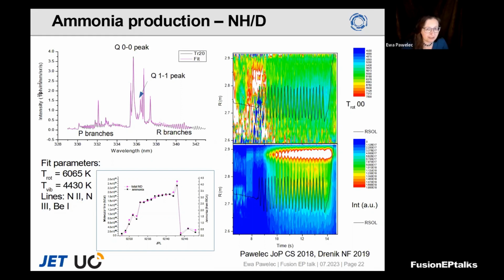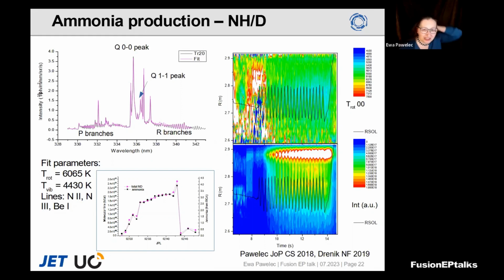What we didn't have in JET was N2 itself, which is the molecule at 330. And how to distinguish it with the filters that you have for cameras, I don't really know. You would need a very specific filter, very narrow band, because they are very close.